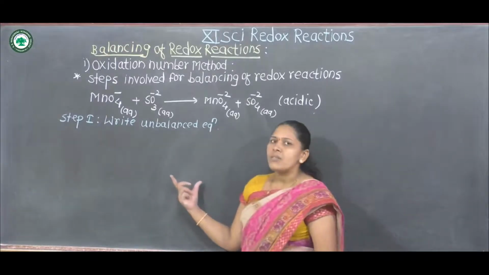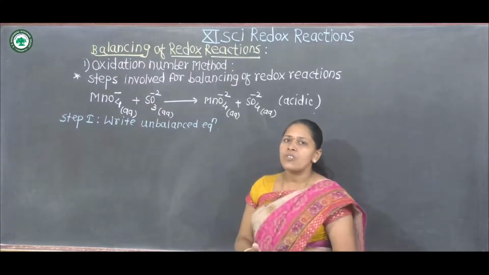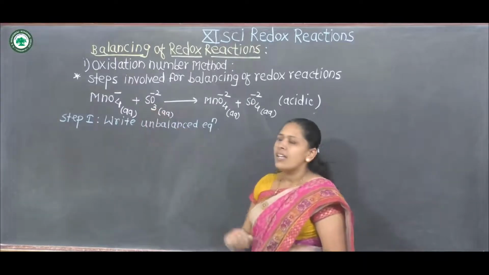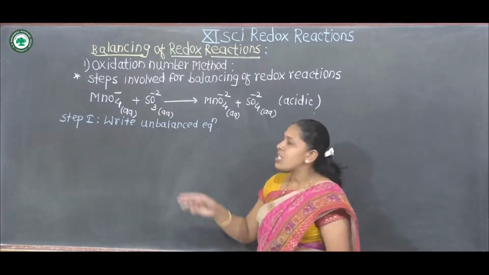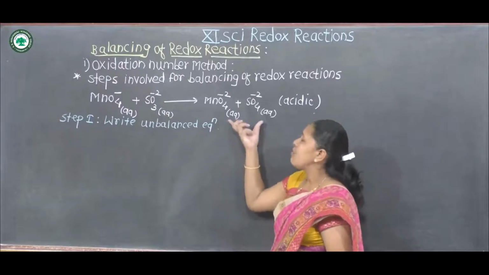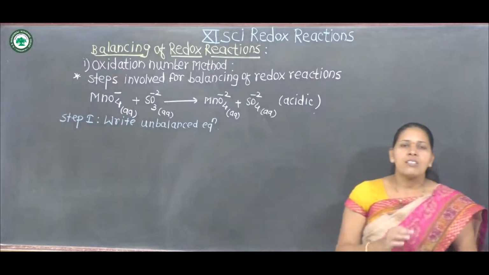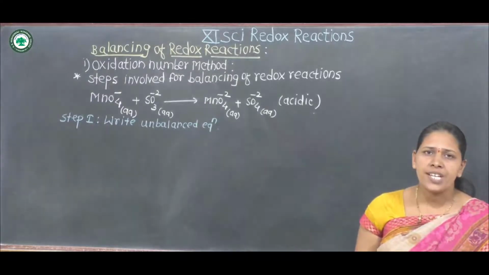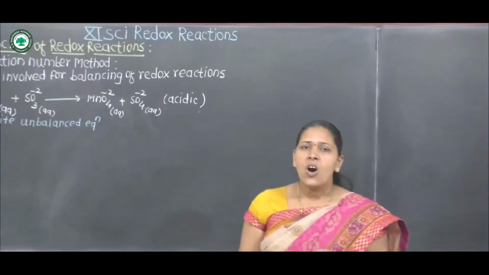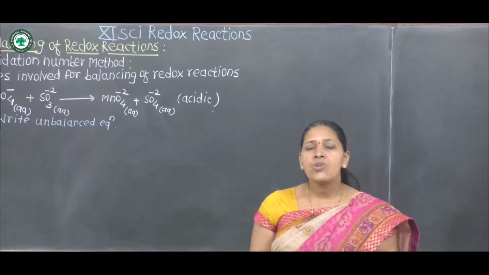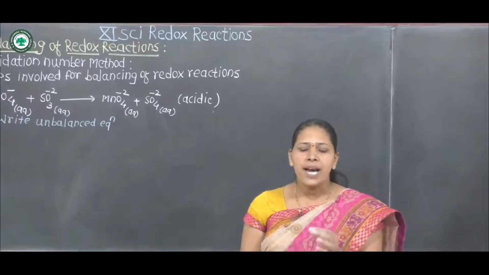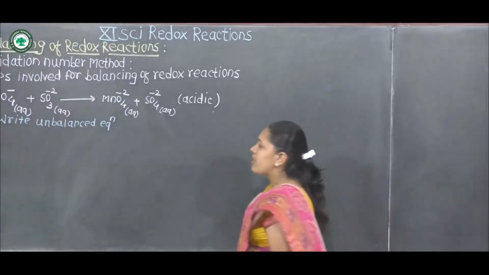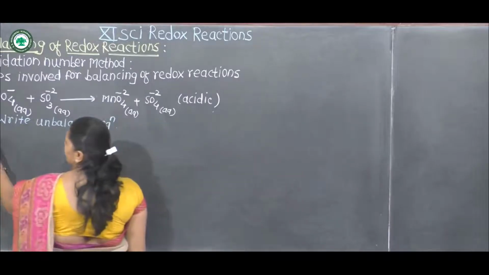Then next atom is sulfur. On the reactant side one sulfur is present and on the product side one sulfur is also present. That is, the first step is completed. That means all atoms other than hydrogen and oxygen are already balanced. Then we write the unbalanced equation.